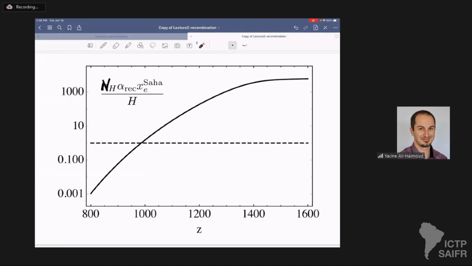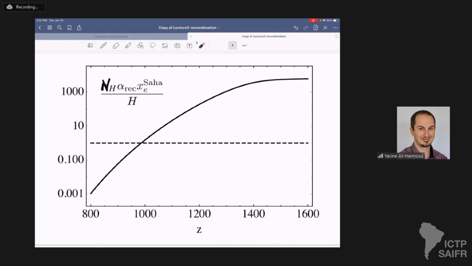So you find that in the early universe, it is larger than the Hubble rate, but around redshift 1000, it will fall under the Hubble rate. And so this tells you that this equilibrium assumption cannot be satisfied. And in fact, here I've taken a really naive estimate of alpha recombination, but in fact, this is even further suppressed, as we will see now, when you do a more detailed calculation. So in fact, this would fall below unity even earlier than redshift 1000.